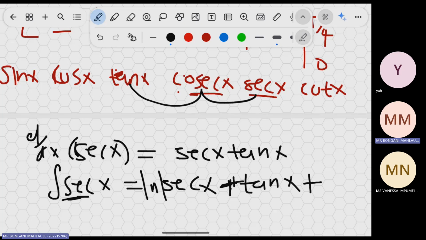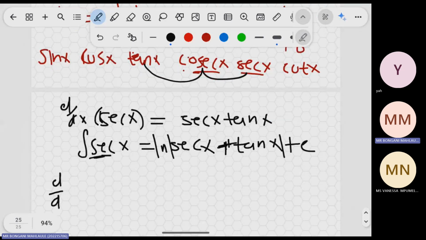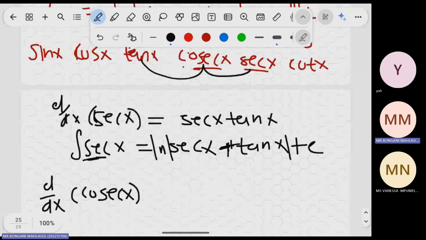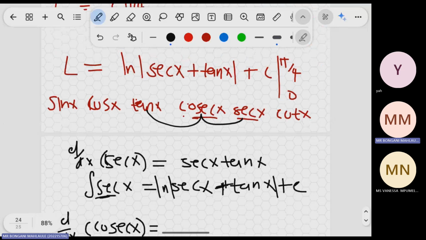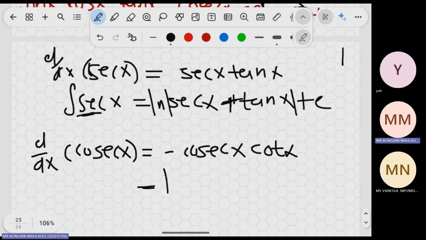To remember the others, you must remember that abbreviation that I once gave you. You'll always use it, even on the test. For cosec x, the derivative is negative cosec x cot x, so the integral of cosec x is the ln of cosec x minus cot x plus c.